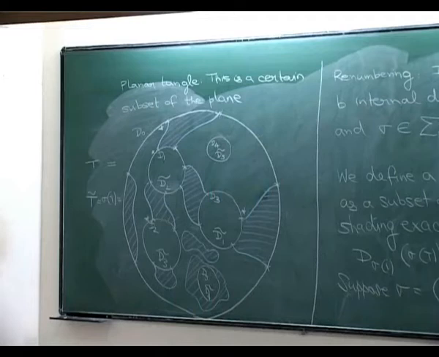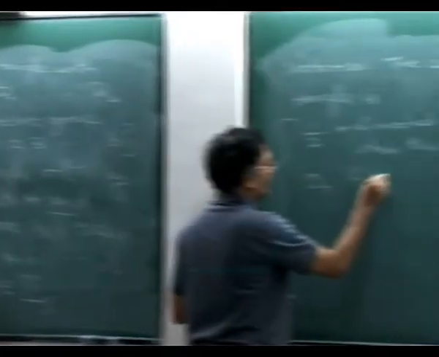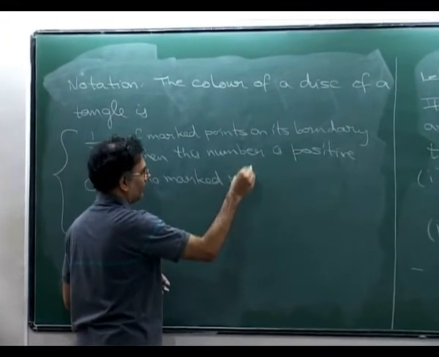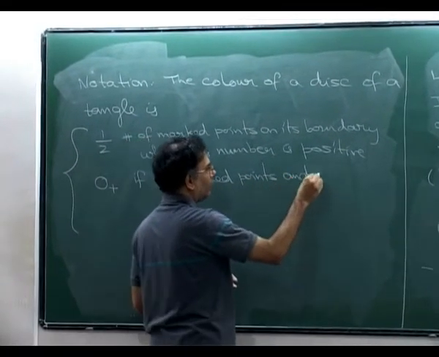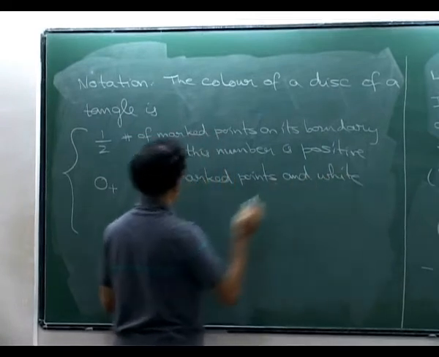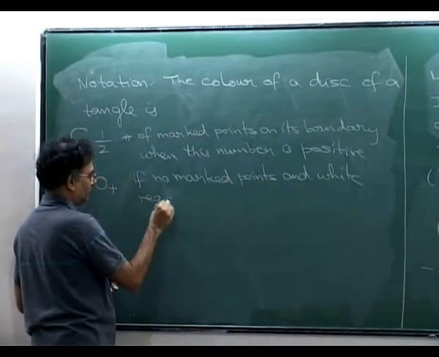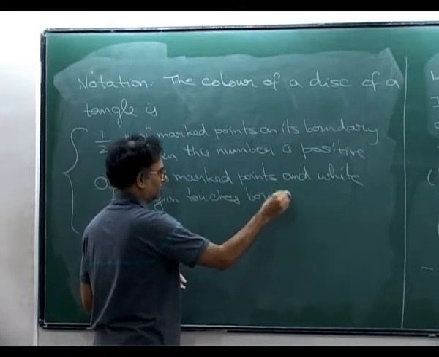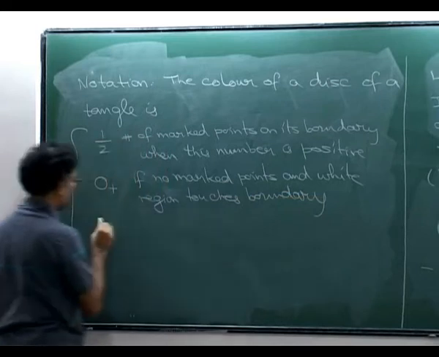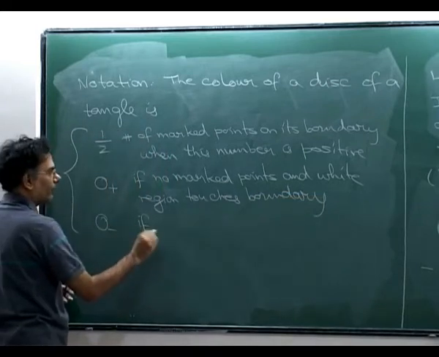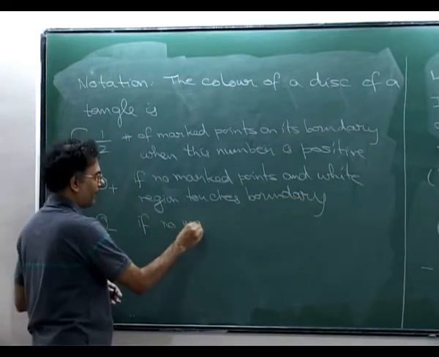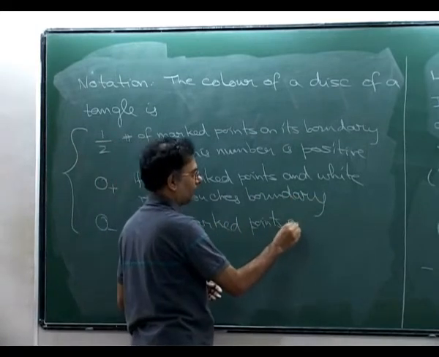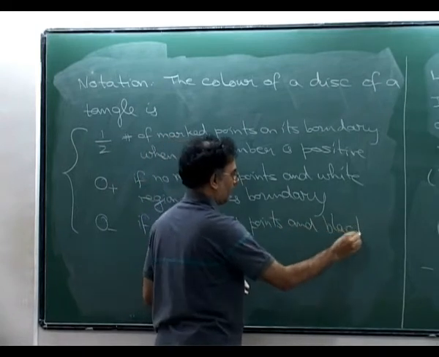It is 0 plus if no marked points and a white region touches the boundary, and 0 minus if no marked points and a black region touches the boundary. That is, a shaded region.